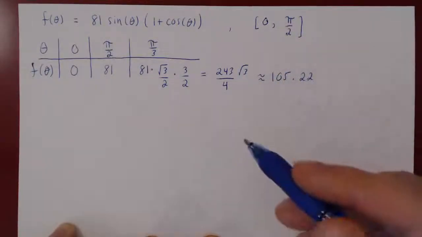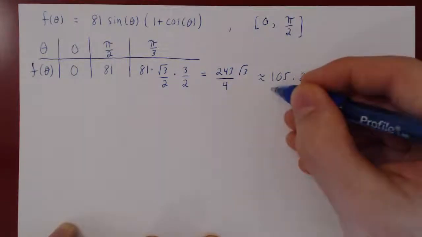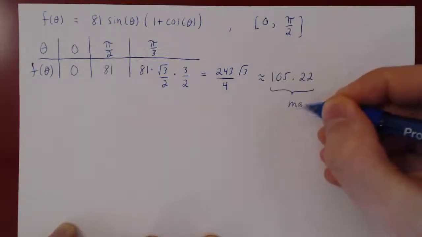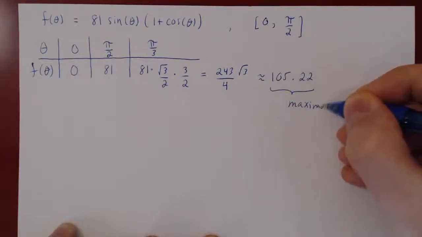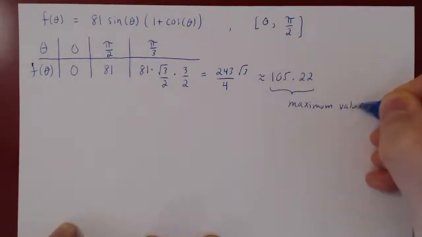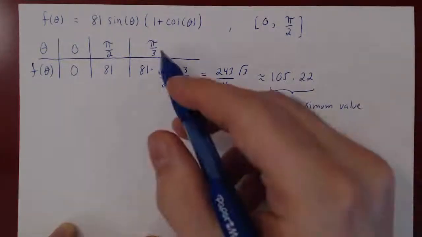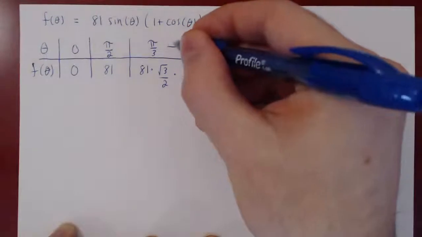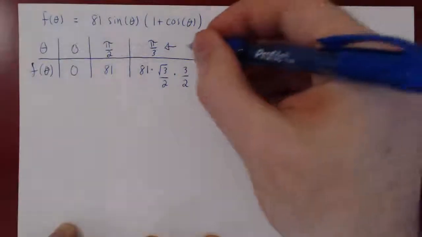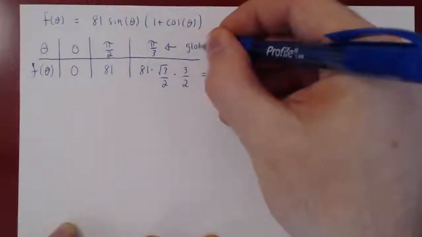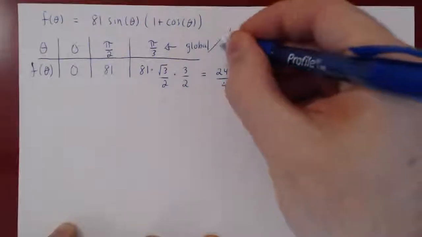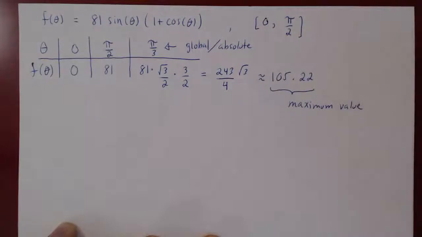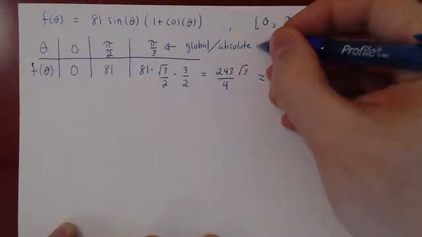This clearly is our maximum possible area. And so the angle theta equals pi over 3 is the global absolute maximum.